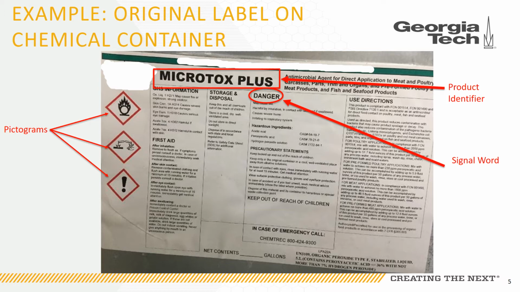These images are called pictograms, and these images alert us to important additional information about this chemical. These 3 things, a product identifier, a signal word, and pictograms, are 3 of 6 things required to be listed on a chemical label.